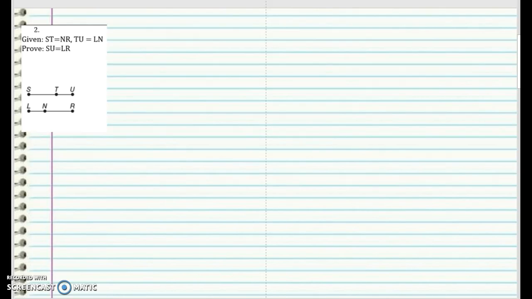All right, let's do our next proof. Given that ST is equal to NR and TU is equal to LN, I want to prove that the big pieces are the same. And here we go.